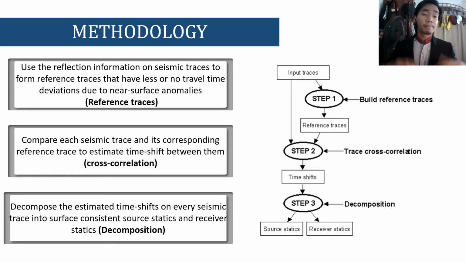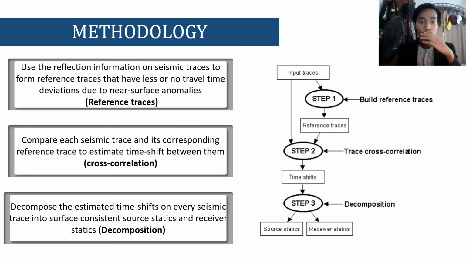So the basic methodology that we use for static correction: the first step is to build the reference traces, using the reflection information or the seismic signal to form reference traces that have less or no travel time deviation due to the near surface anomalies.